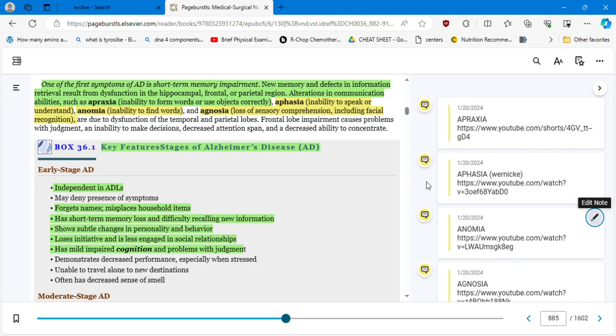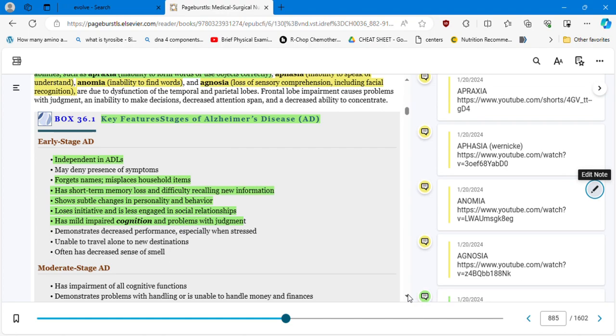We saw the gentleman who was describing an event next to the water. Then we saw the anomia, the lady who couldn't find a word for a particular tool used to cut wood, right? Now we are going to see agnosia, loss of sensory comprehension, including facial recognition.